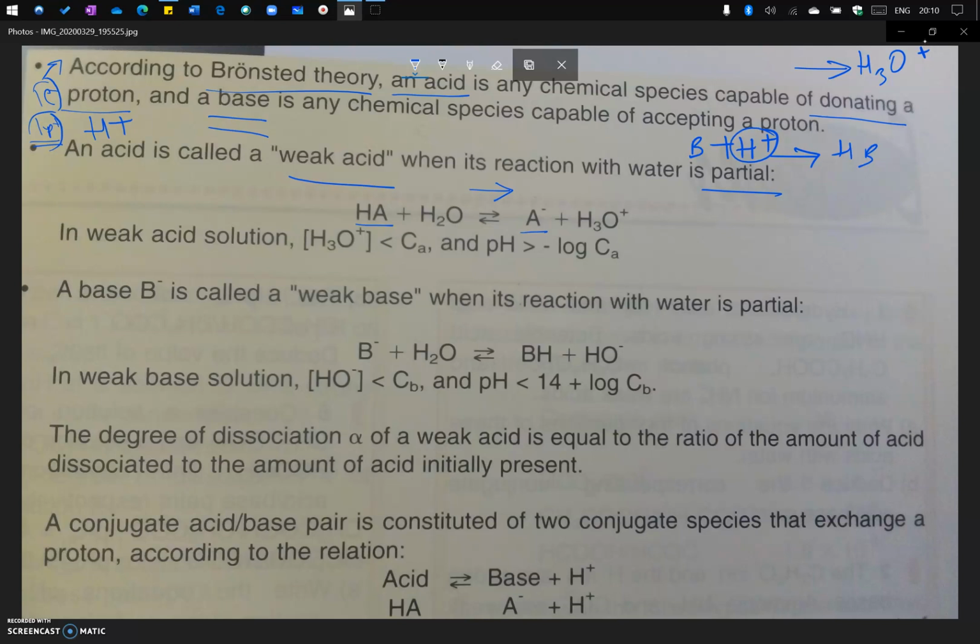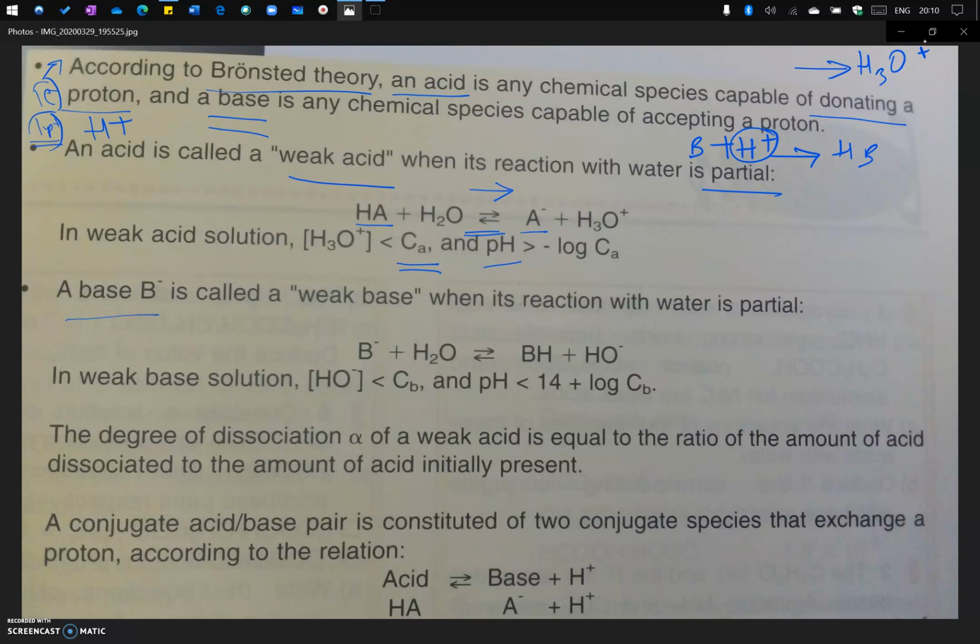In weak acid solutions, the concentration of H3O+ will be less than the initial intended concentration of the acid. They will not be equal because the dissociation is not complete. And the pH will be more than minus log Ca. It means less acidity.